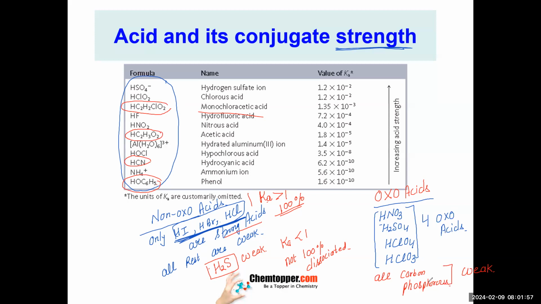Please remember that. Even any acid containing phosphorus, you know, our DNA, RNA, they have phosphoester linkages. Phosphorus is there in our body. Phosphoric acid is there in our body. Body cannot take very strong acids. So phosphoric acid is weak. So carbon containing, phosphorus containing acids are weak.